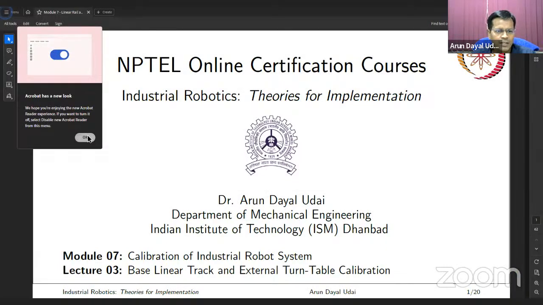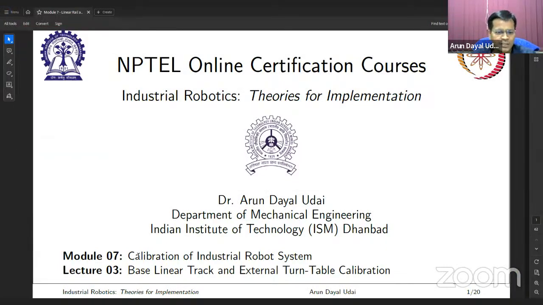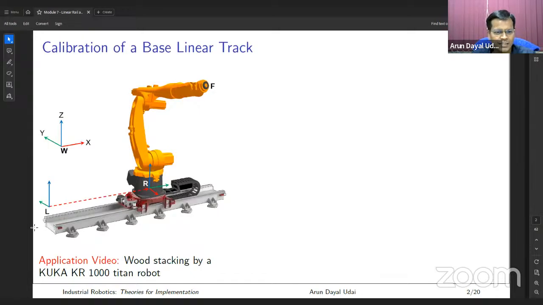So this is going to be an add-on to the course, on calibration of industrial robots. What you see here is a linear rail on which an industrial robot is mounted. Now there is some mismatch.